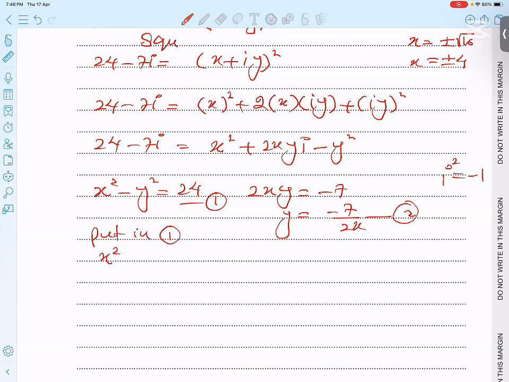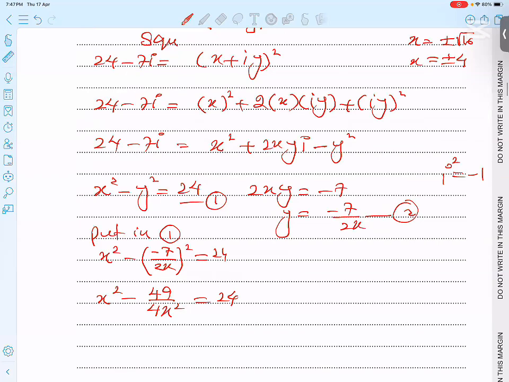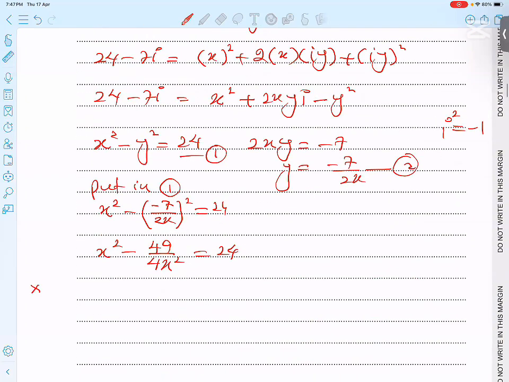So x to the power 2 minus the square of this whole thing, negative 7 over 2x. So x to the power 2, negative 49 over 4x to the power 2 is equal to 24. Multiply the whole equation by 4x square, or take the LCM.